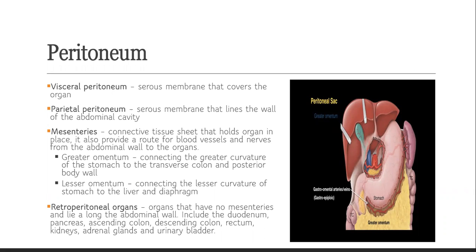Then we also have retroperitoneal organs. These organs do not have mesenteries and lie along the abdominal wall. These include the duodenum, the pancreas, the ascending colon, the rectum, the kidneys, the adrenal glands, and our urinary bladder.